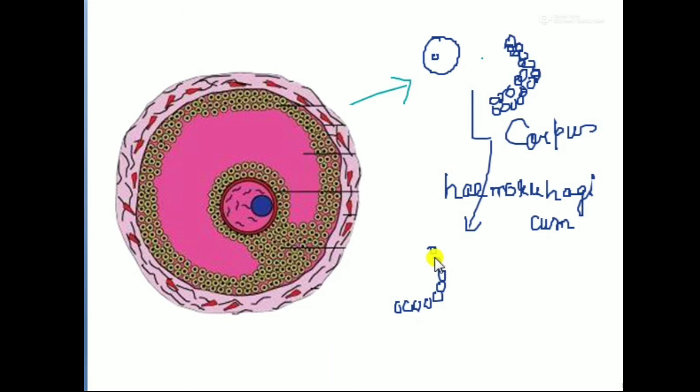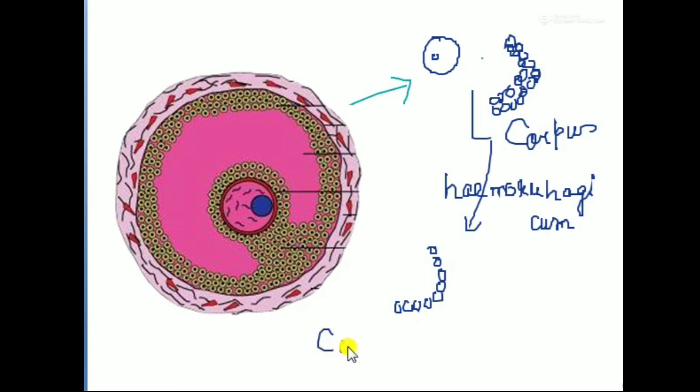If fertilization takes place, it remains in position, but if not, then it degenerates. Then it is known as corpus albicans.